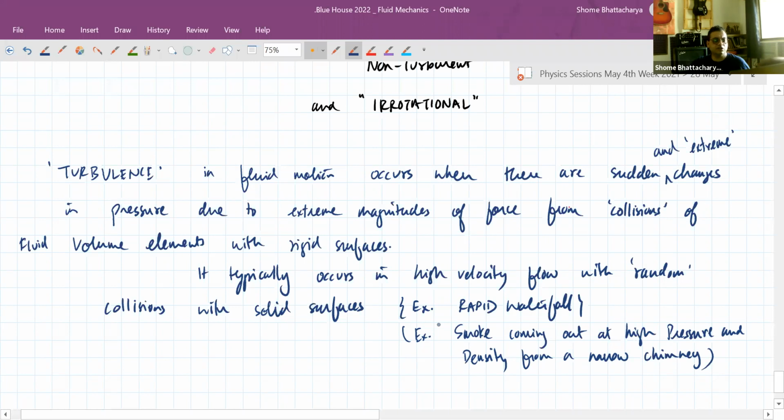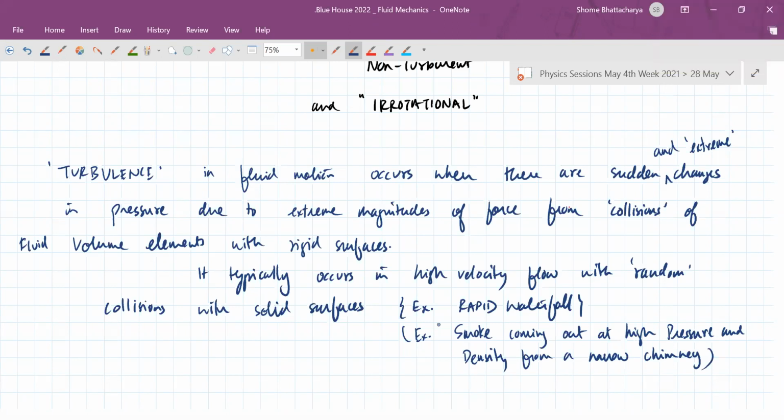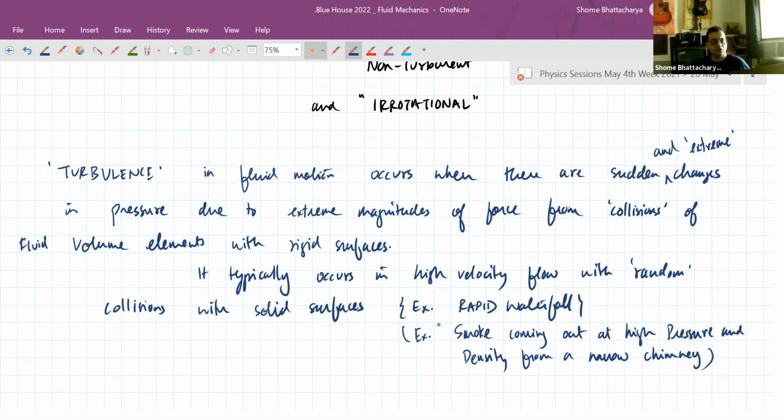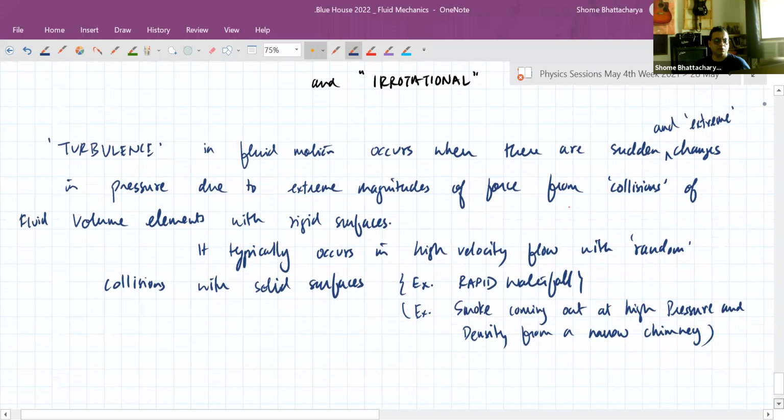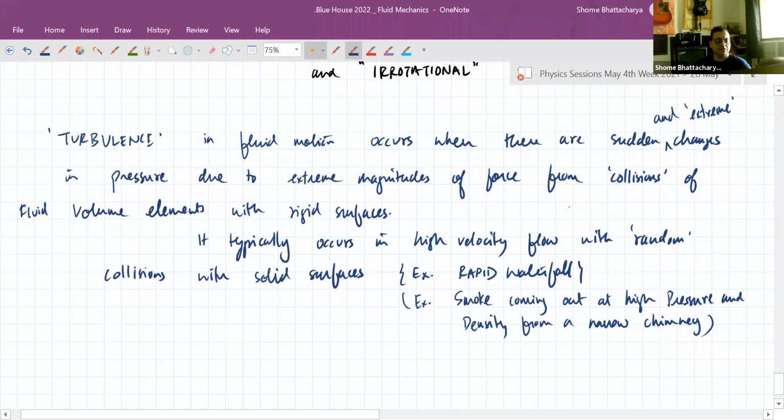Typically for turbulence, we need two phenomena to be there. It doesn't matter whether we are talking about ideal or non-ideal fluid. In turbulent motion of any fluid, there should be high velocity of fluid flow, and secondly, during that high velocity flow, there should be random, high velocity collisions with rigid surfaces, and the collision impulses create these sudden and extreme changes in pressure. That is what creates turbulence. In non-turbulent motion, these things should not be there, so there shouldn't be any extreme and sudden changes in pressure due to any such collisions.